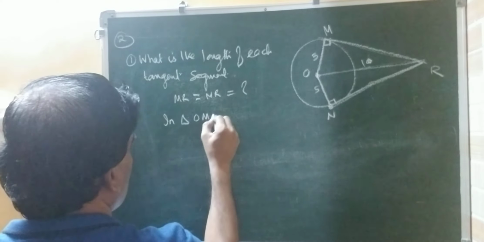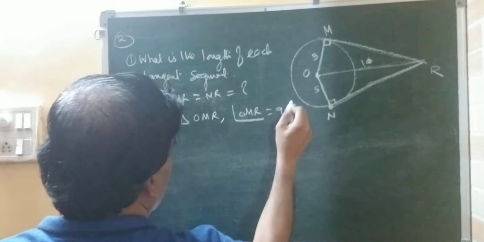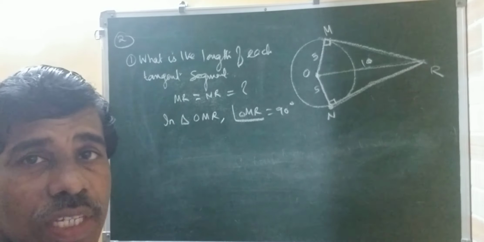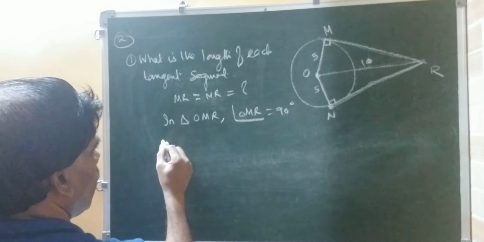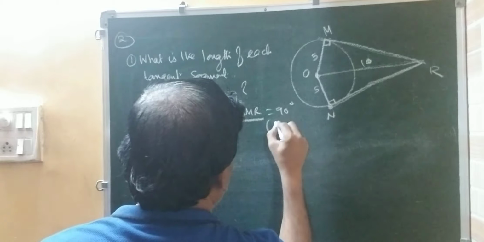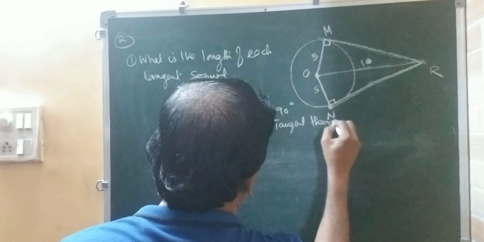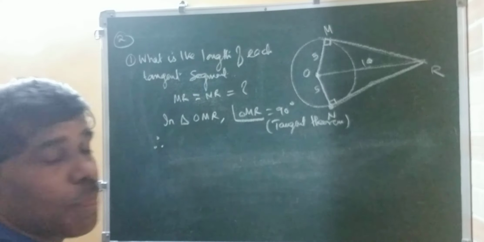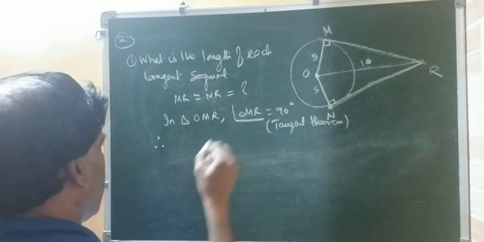angle OMR equal to 90 degree. Therefore, which theorem will be used immediately? Pythagoras theorem. Why is it 90 degree? Because of the tangent theorem. Because a tangent is making 90 degree with a radius of the circle.